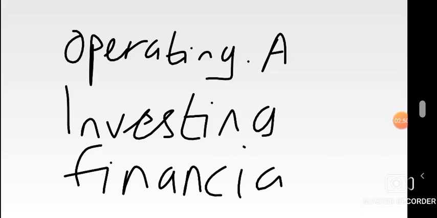So the other question is, what goes where? These concepts are equally taught in the financial accounting course, so as you approach it in your financial reporting, you have some understanding. Operating activities: what activities does the company use for day-to-day operations?